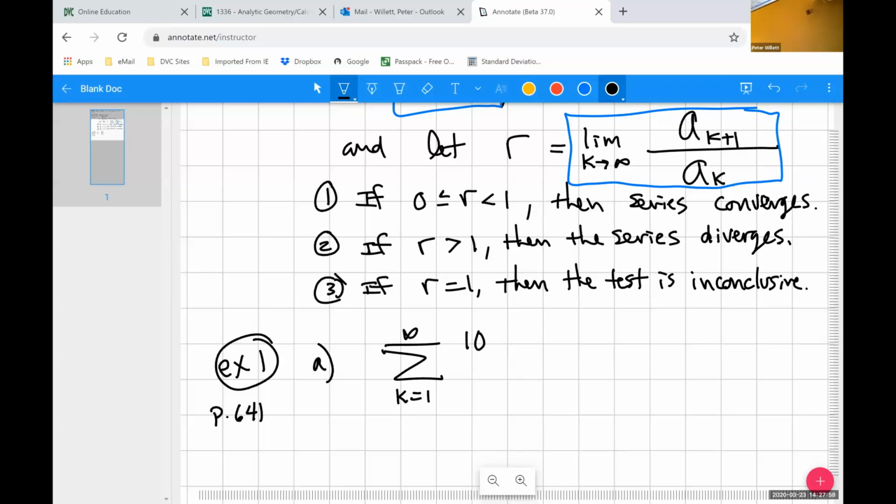of 10 to the power of k, so that's an exponential, divided by k factorial. All right, so there's a kind of new thing for us to look at here that hasn't showed up in our series work so far, and that's the idea that the formula that expresses the terms of the series has a factorial in it.